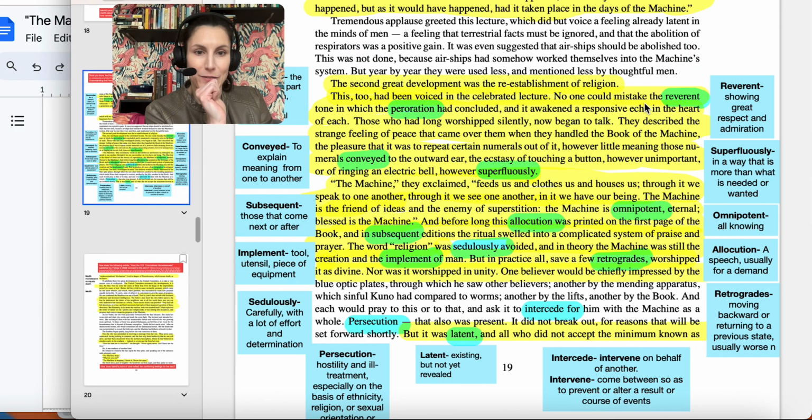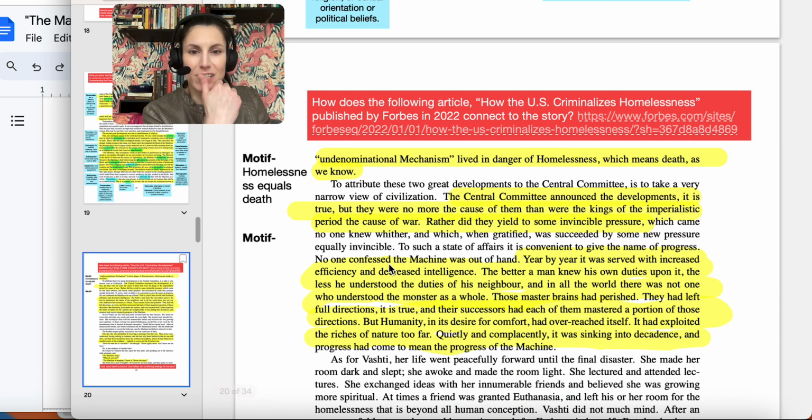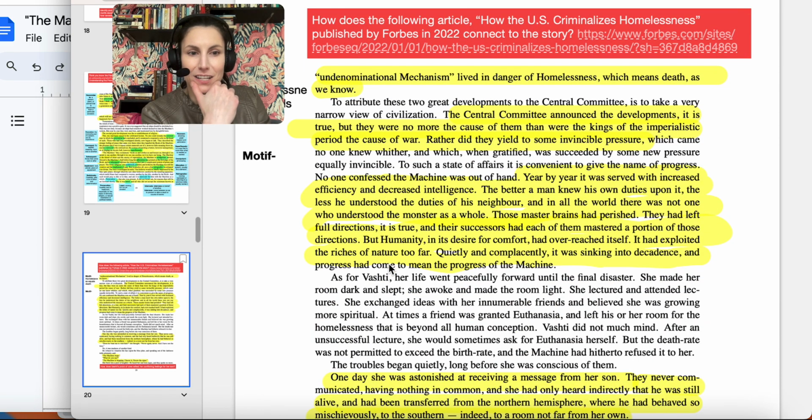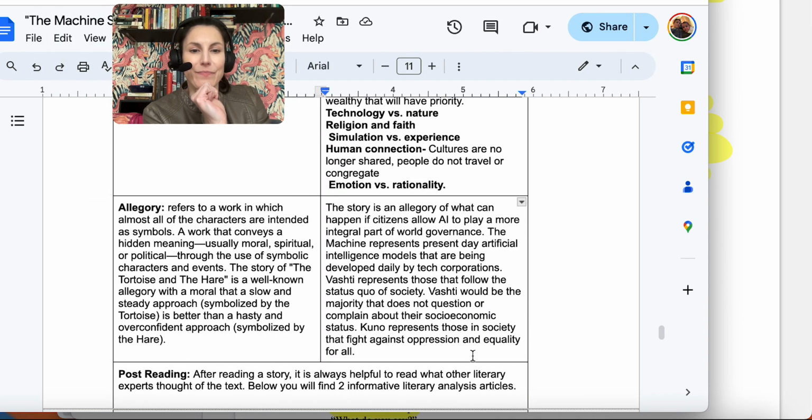And then when you go into part two, Kuno goes into what he saw, and that he saw the ferns and the plant life and the person, we could say that those were the machine's way of pushing, we could also say climate.